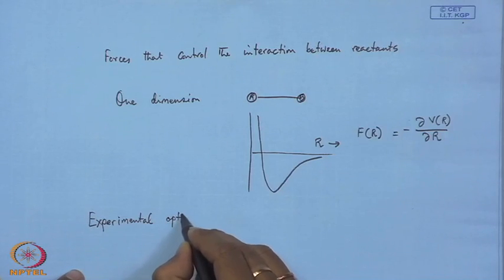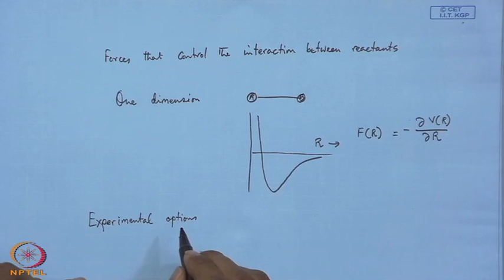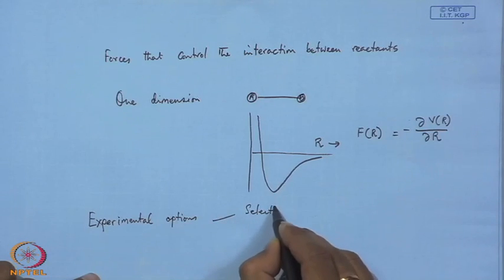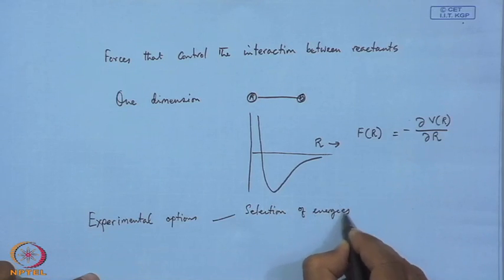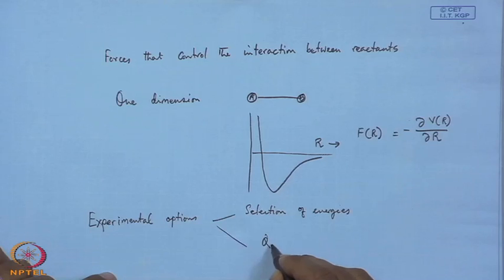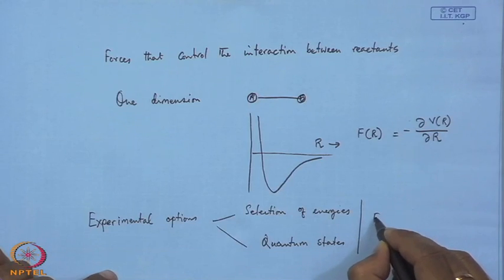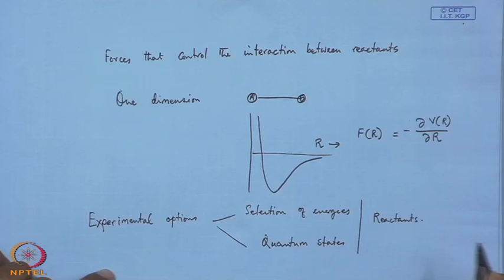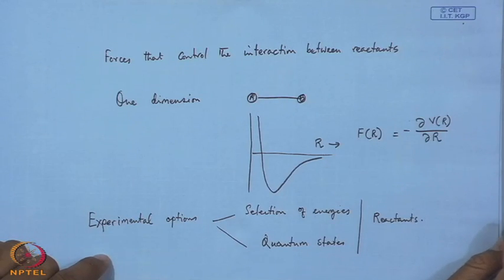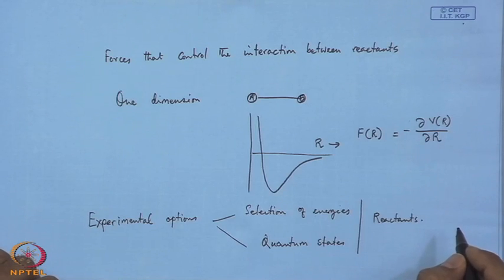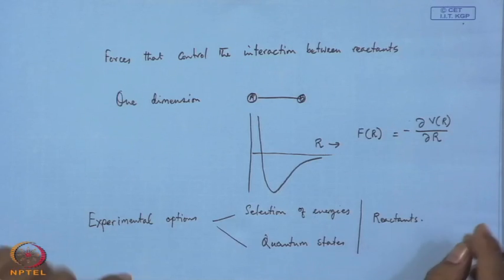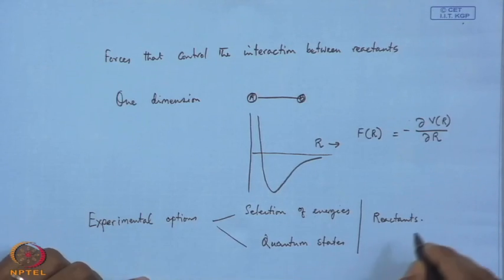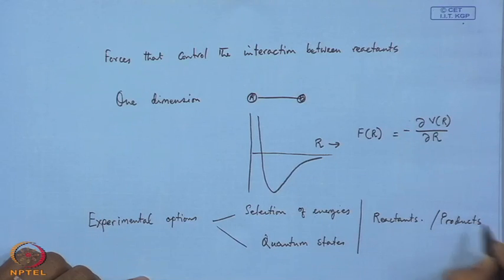We have to select the energies and quantum states of reactants, and in the same way probe the energies and quantum state populations in the products, the products formed from the reactants.